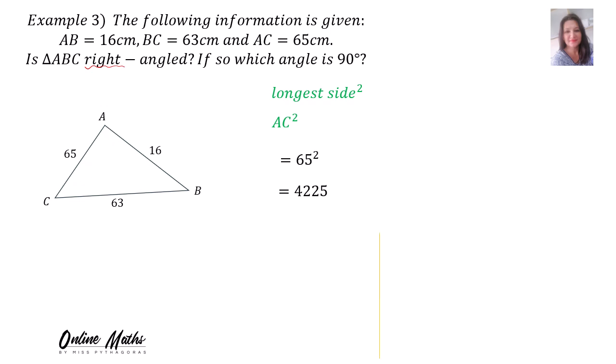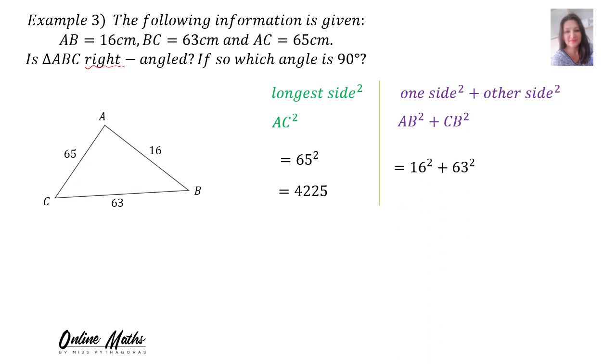Then we separate the two with a line, and then we will do one side squared plus the other side squared. So that will be AB squared plus CB squared, 16 squared plus 63 squared.